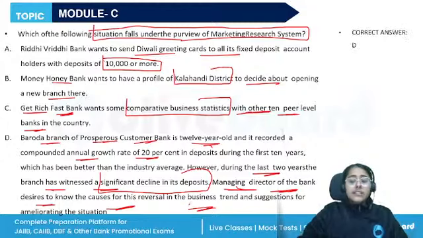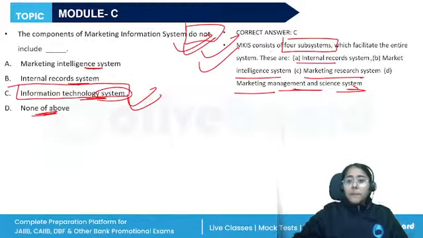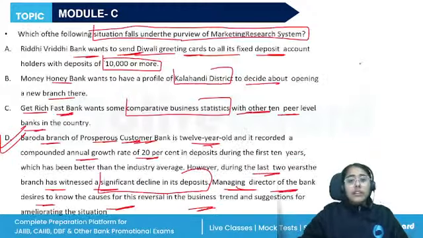So, the marketing research system will be conducted for the Baroda branch of Prosperous Customer because they want to know why their sales have reduced, why the deposits have reduced. If we talk about the Riddhi Vriddhi Bank, they want to send Diwali greeting cards to all its fixed deposit account holders, so they can use the internal record system. They can see which customers have a deposit account.